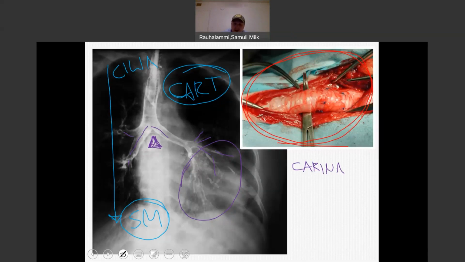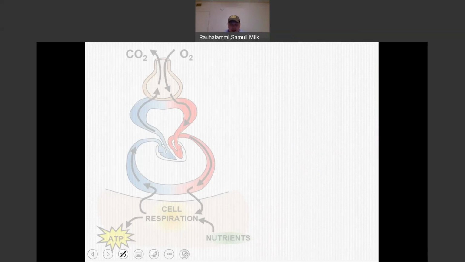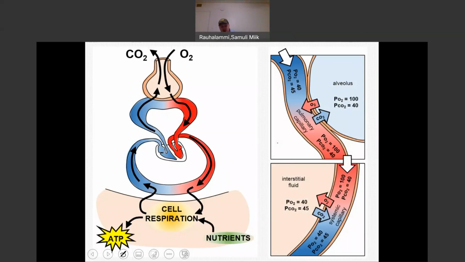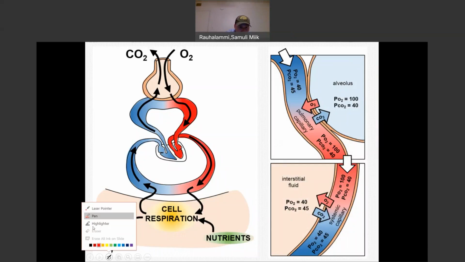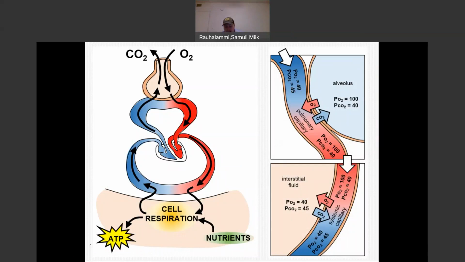Next, I wanted to talk a little bit about physiology with you just quickly. If you're thinking of what you need to know in an exam, you should be comfortable with what gases are where, to which directions they are going, and at what sides.